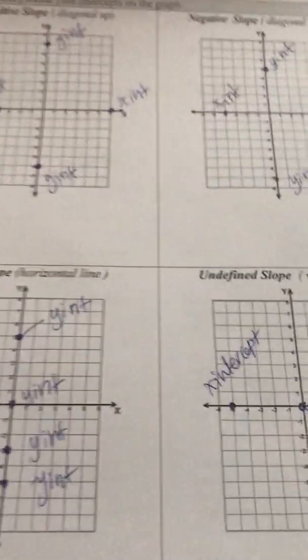All right, let me draw the lines. Let me put my phone down a little bit. Make sure you're using a ruler and a sharp pencil, and your line should be straight.